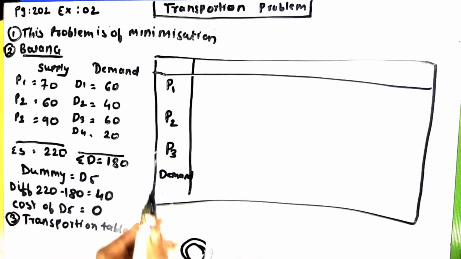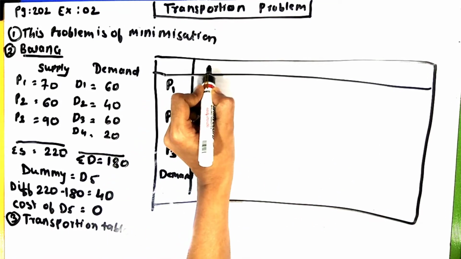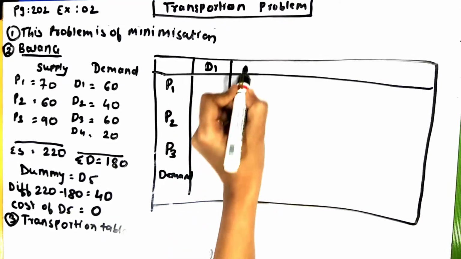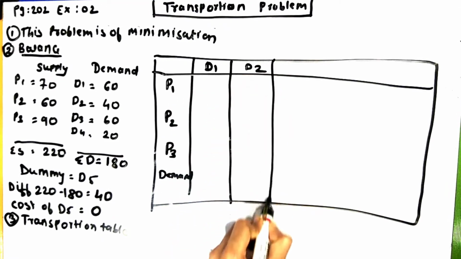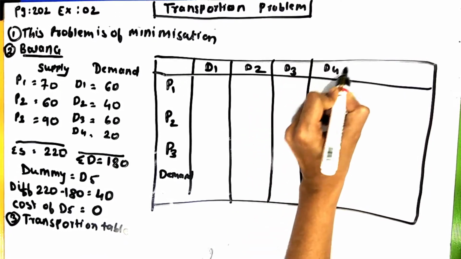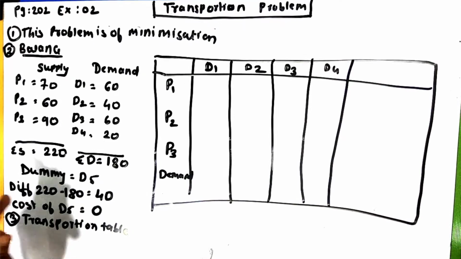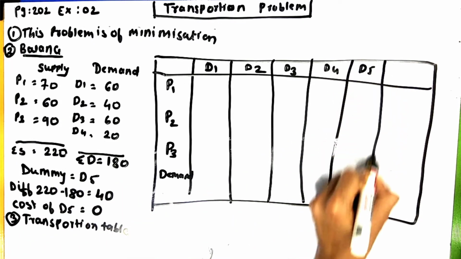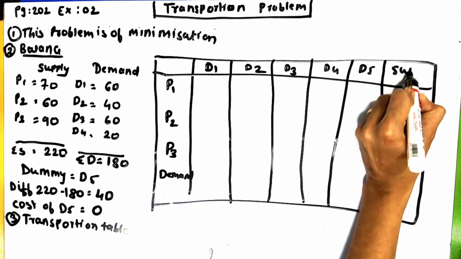Before this, let me write the demand side as well. We have D1, D2, D3, D4, and now we have considered D5 as a dummy. So let me write D5 and then supply.